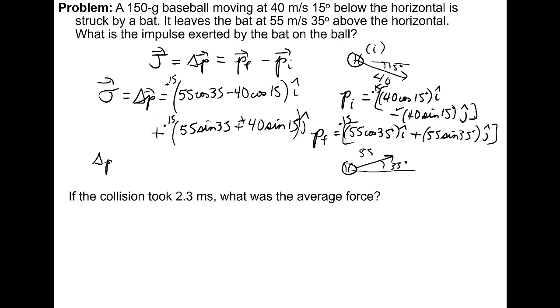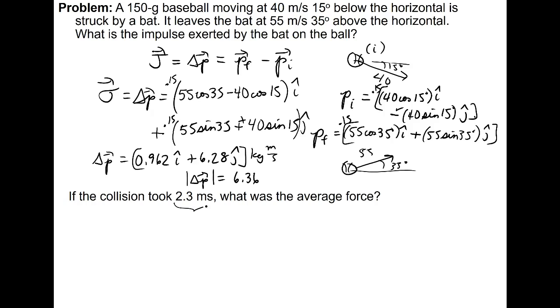The change in momentum is going to be 0.962 i hat, plus 6.28 j hat. And so the total magnitude of this change in momentum is going to be 6.36, and you can write this as kilogram meters per second.